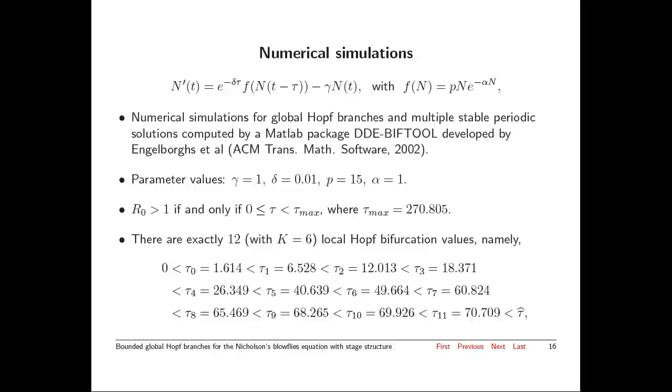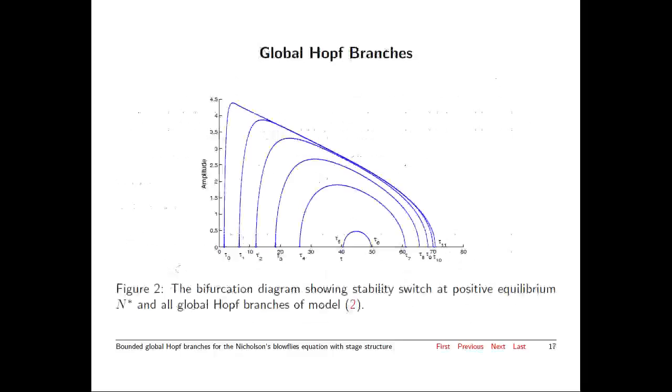And we can easily calculate that there exist exactly 12 local Hopf bifurcation values, tau 0, tau 1, tau 2, till tau 11. Here we use the MATLAB package called DDE-BIFTOOL to sketch each global Hopf branch. This is the global Hopf branch diagram.